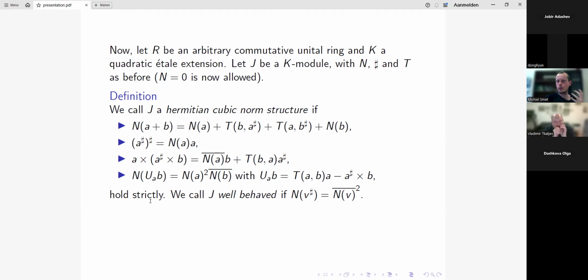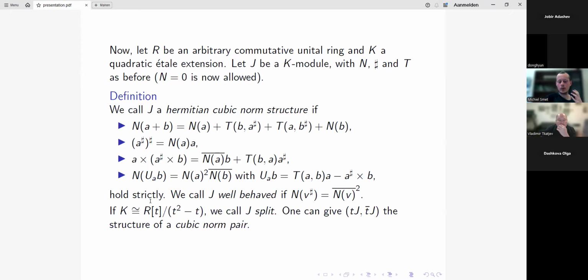Then there are 2 additional equations, and we also have an equation for J to be well behaved. These additional equations don't matter if K is a field and N takes non-zero values. However, if K is not necessarily a field, these additional equations might become necessary.